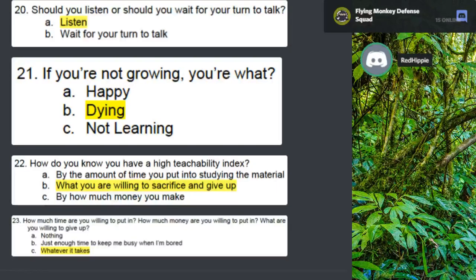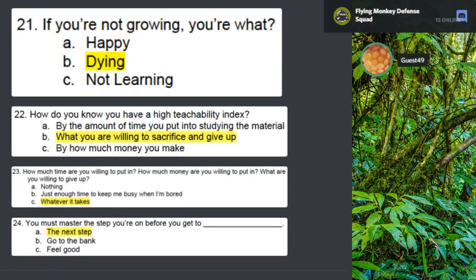You must master the step you're on before you get to blank. So I have a hard time with that one because part of my understanding is you still need to have a flexible base. Otherwise, you can't fix your misconceptions.